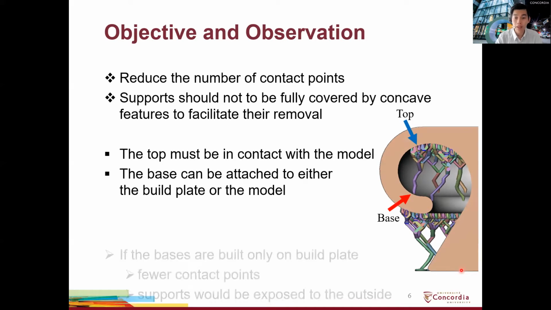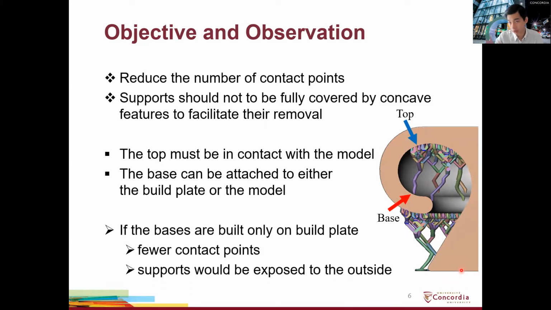If all the bases for the support can be built only on the build plate, then you can achieve two things. One is that you have fewer contact points on the model. Secondly, because you are on the build plate, it is outside the model, so at least part of it will be exposed to the outside.